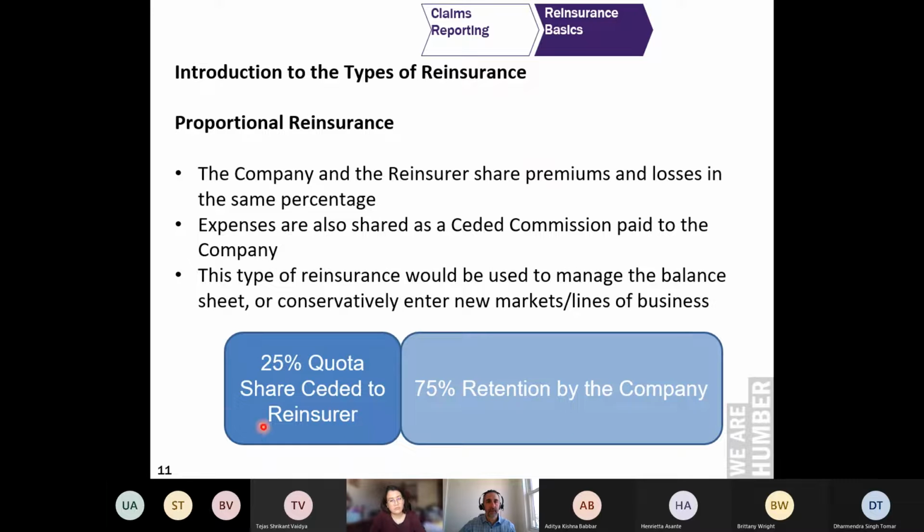If it went up to 2 million, again, I'm just using it as an example, you're still looking across and it's in the same percentage. 25% of the 2 million is ceded and the company keeps 75% of the 2 million. So you start at $0, work your way up, and then read across to see what reinsurance applies.